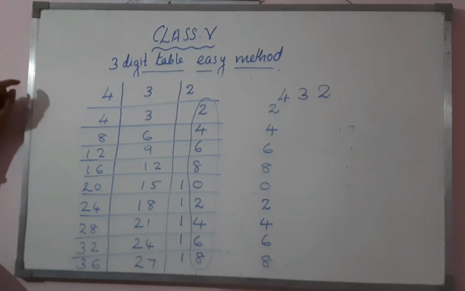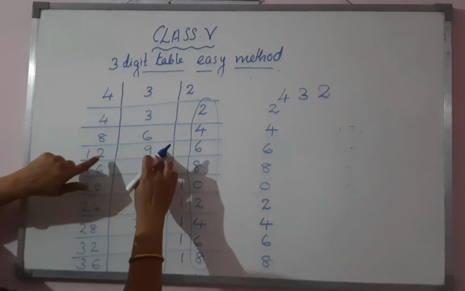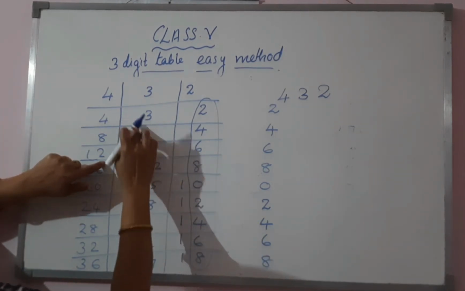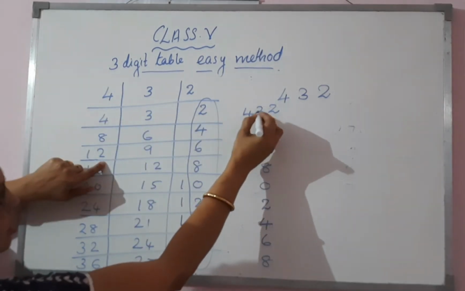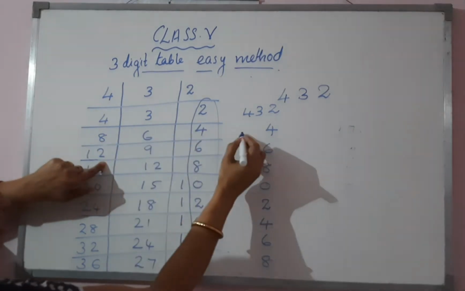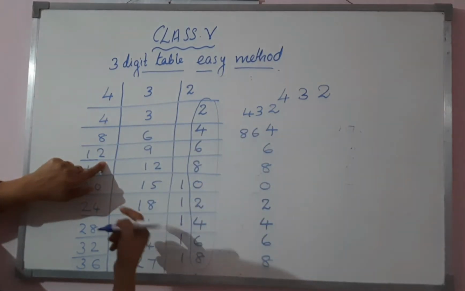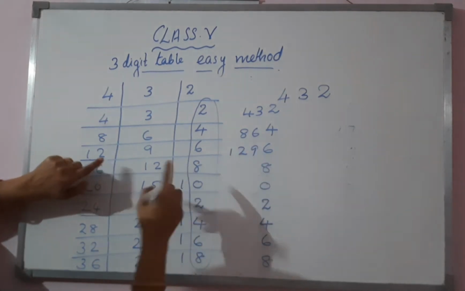All the digits I have written, the ones place digits. Now up to here there is no tens place digit in both the numbers. So directly we can write 43 here, 432 into 1 we got 865, 8 and 6 we can write as it is, 12 and 9 we can write as it is. So we got this much table.